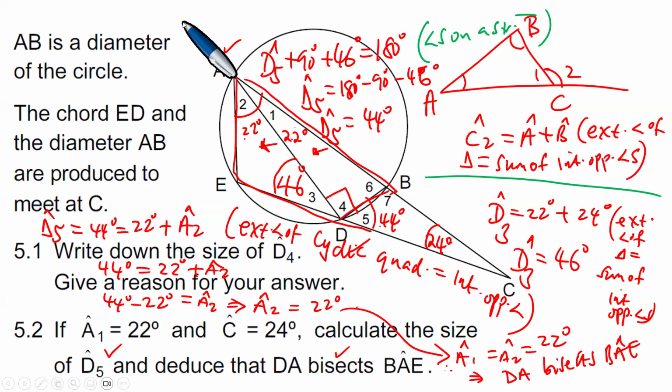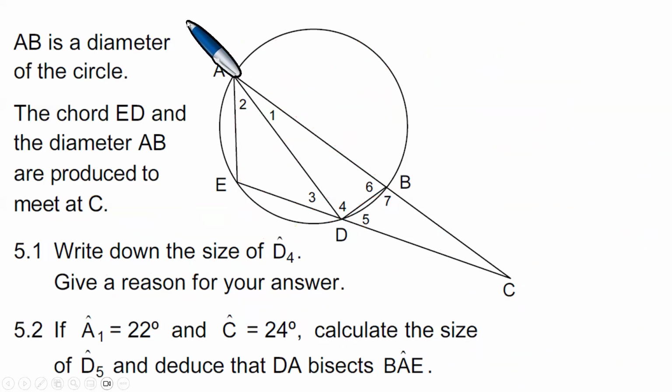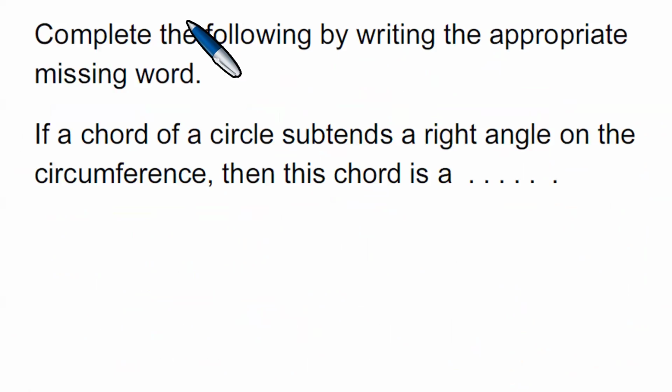Let me check the next question. Complete the following by writing the appropriate missing word. If a chord of a circle subtends a right angle on the circumference, then this chord is a what? We've been discussing this so many times.